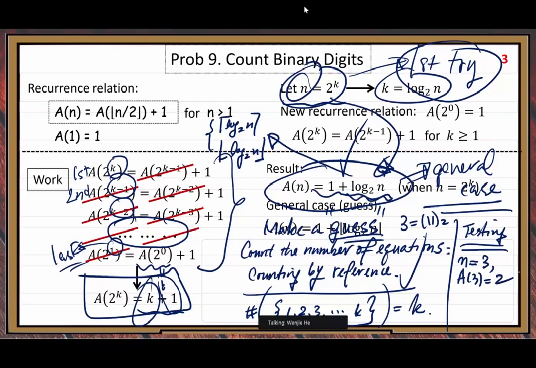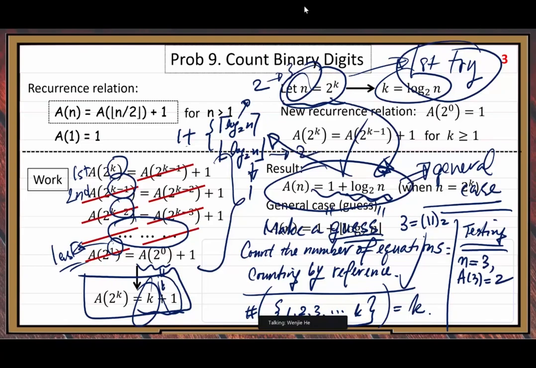But if we plug in log base 2, look at that: 1 plus log base 2 of 3, the ceiling function will give us 2, and the floor function will give us 1. So 1 plus 2, we get 3. But 1 plus 1, the second case, we get 2.